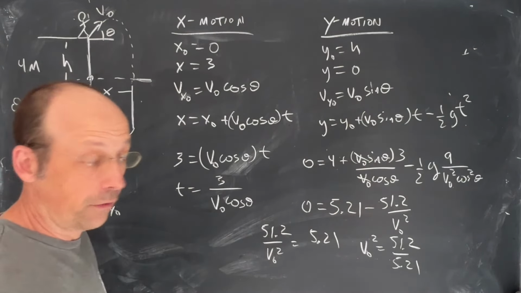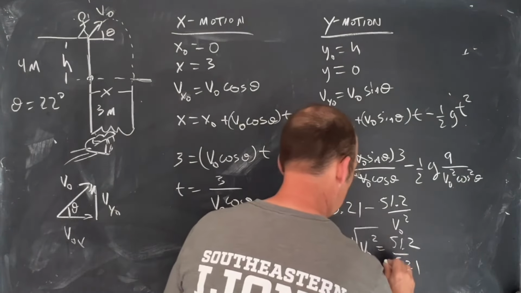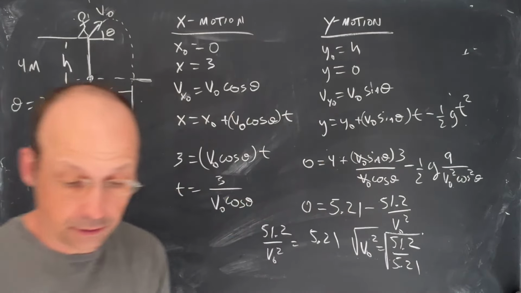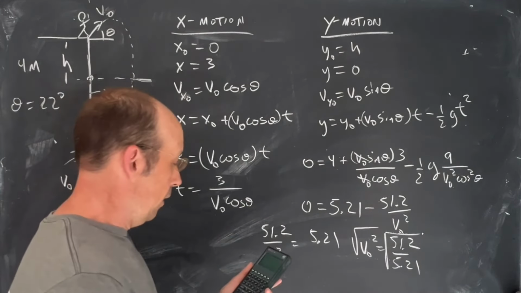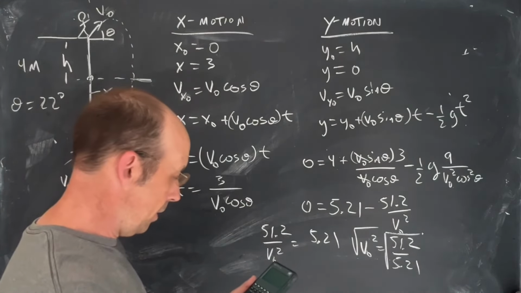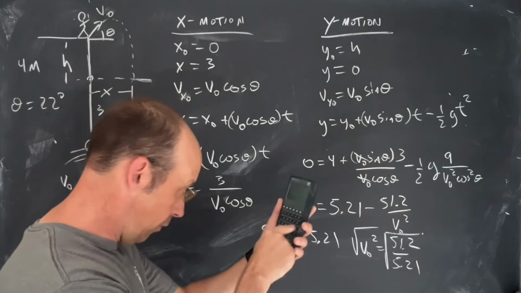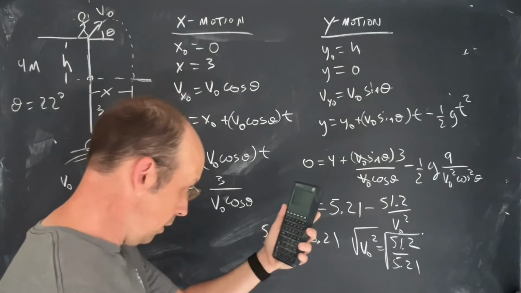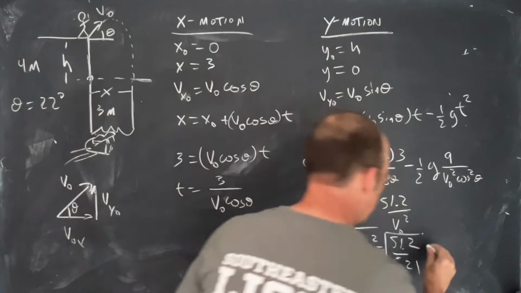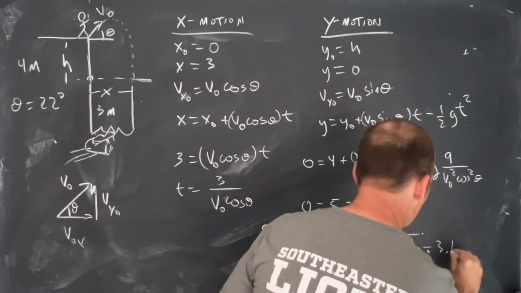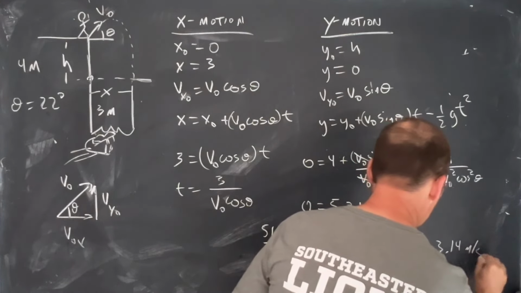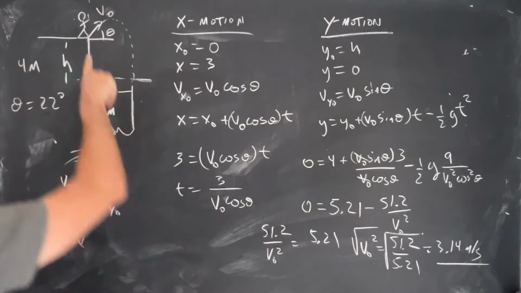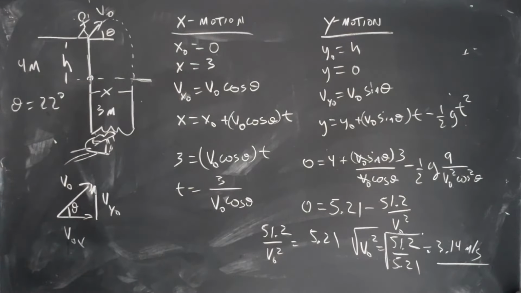And then I'm going to take the square root of both sides. So let's do that. I get 3.14. So that's how fast I'd have to run and jump to make it.